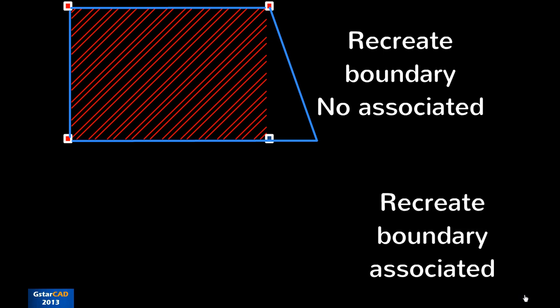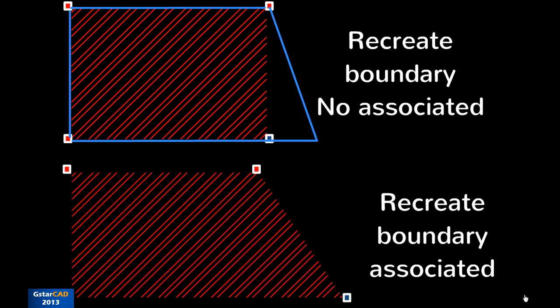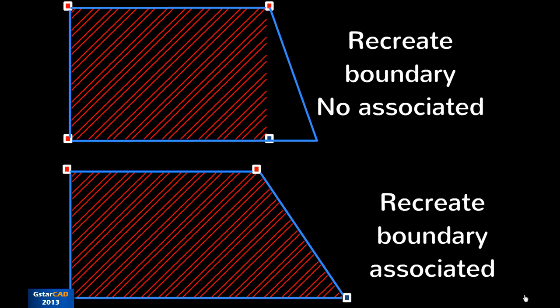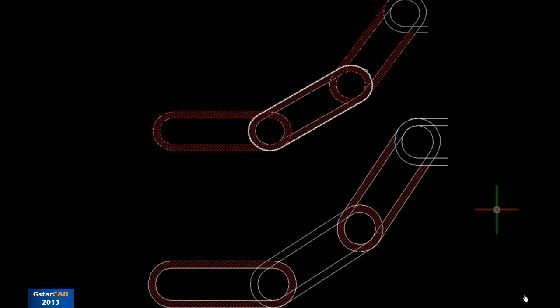And also you can recreate a boundary associated that behaves in an opposite way to the boundary not associated. As you can see, if you stretch any point of the boundary, the hatch will follow the boundary. And finally, we have another option, delete boundary.